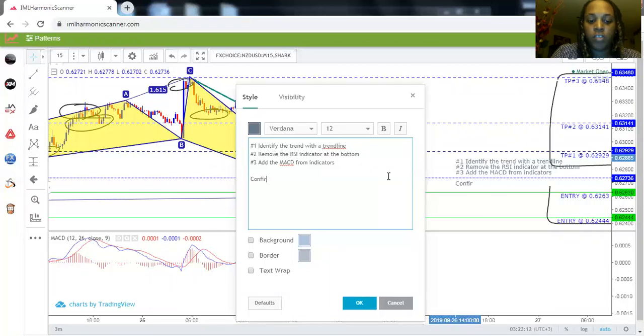Now, confirmation checklist, right? Number 1, wait for a solid body candle to break the trend line.